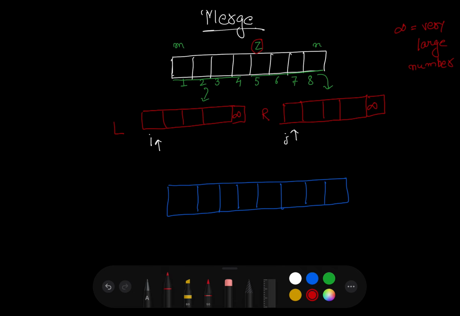So we have a main array. We divide it into two subarrays, left and right, and at the end of both subarrays we put an infinity number. We have two pointers: I is pointing to the first element of the left array, and J is pointing to the first element of the right array. Now we have one more array, the same size as the initial array, and we take a pointer k here.